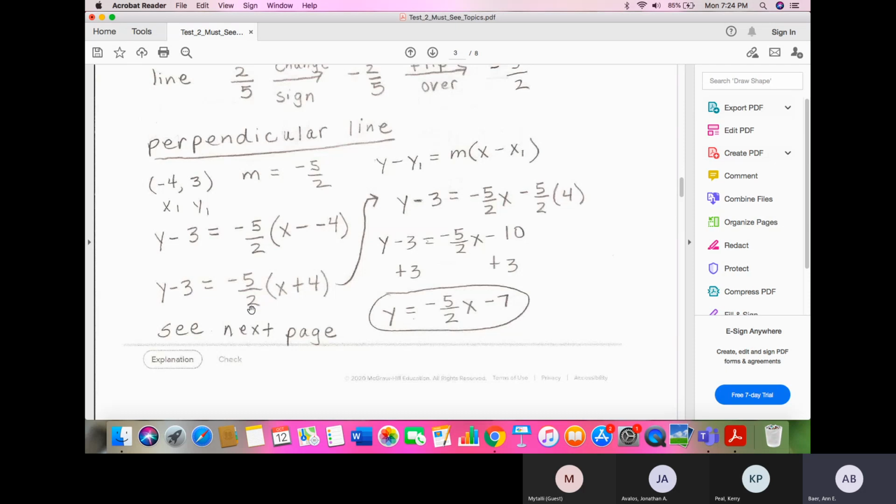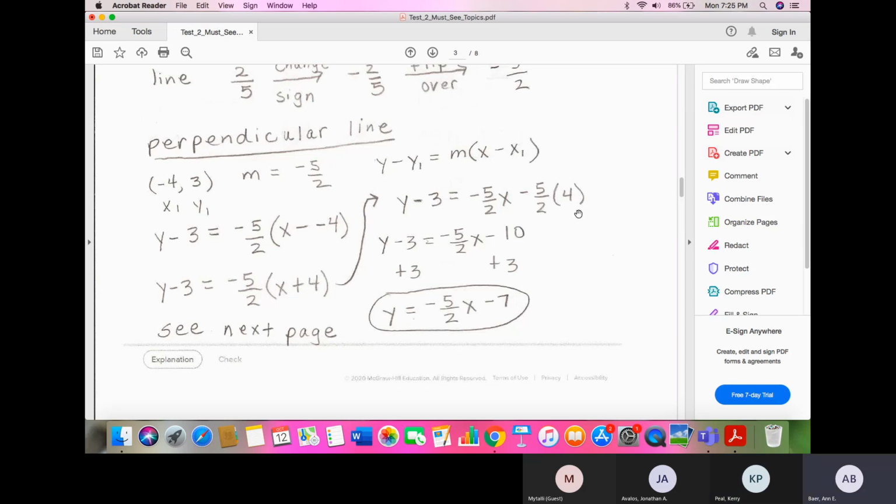Negative 5/2 times x is negative 5/2 x. And then negative 5/2 times 4, negative 5 times 4 is negative 20. Oh, I just wrote it down like this, I see. So negative 5/2 times 4, right here.